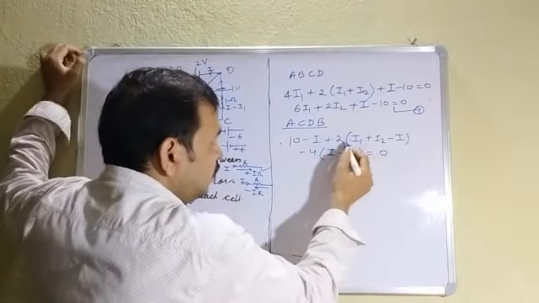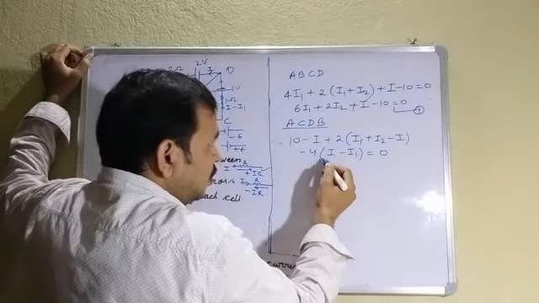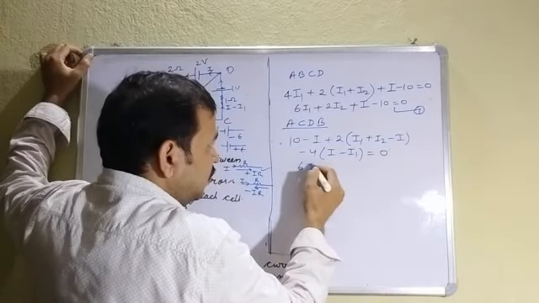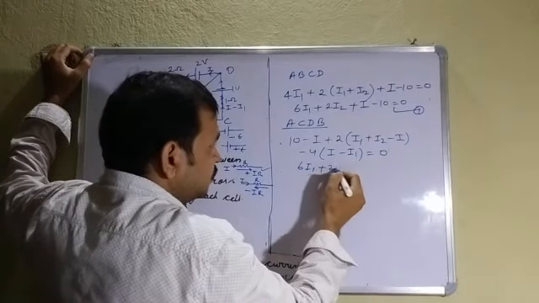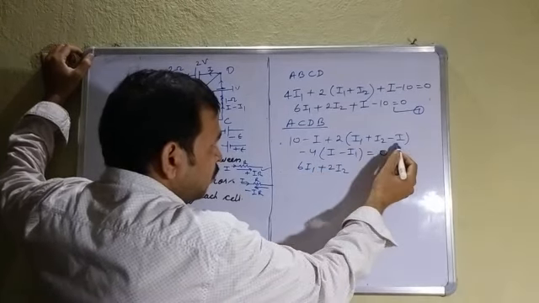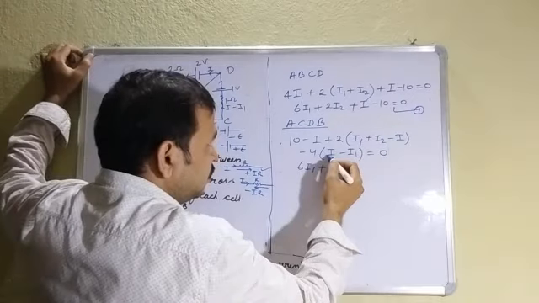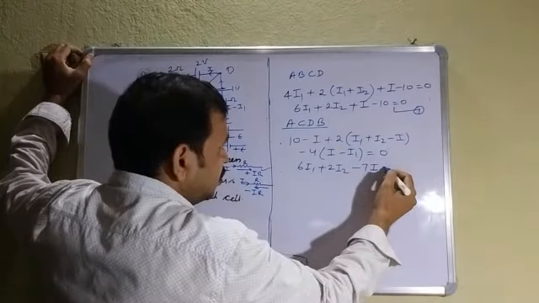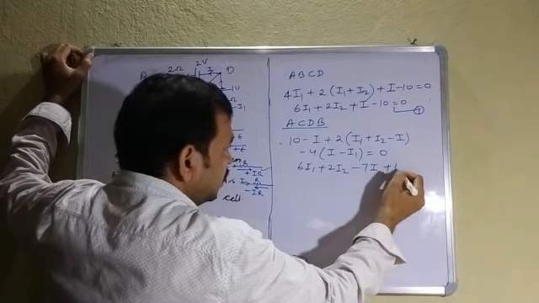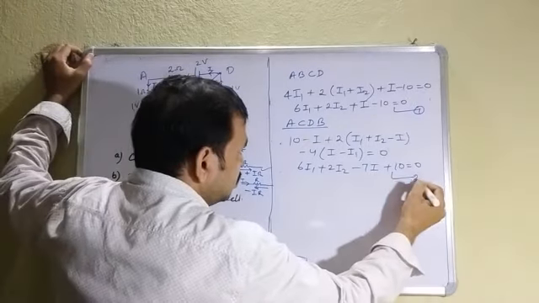So if we write it out, 6I1 plus 2I2 minus 2I minus 4I plus 10 is equal to 0. Equation 2.